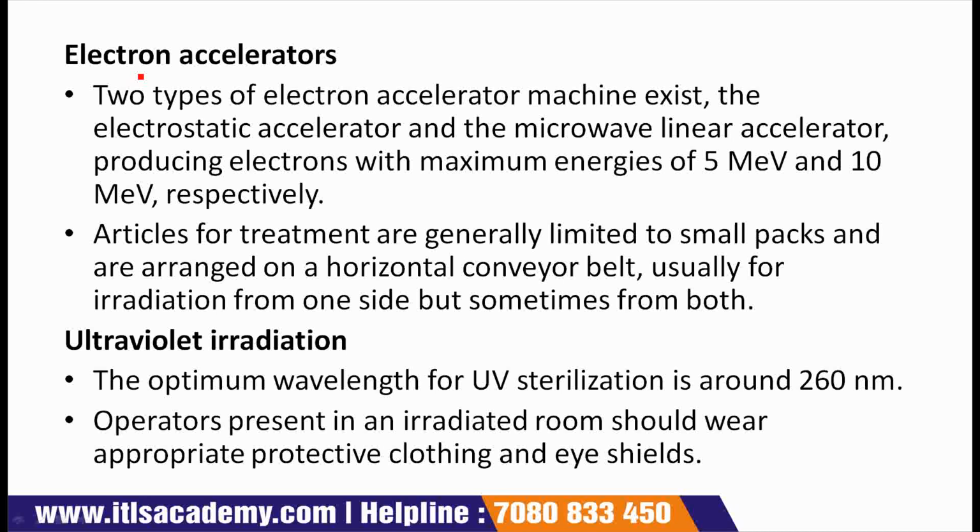Gamma rays radiation we have already seen. Now we are going to switch to electron accelerator. And the very first point is, two types of electron accelerator machines exist: the electrostatic accelerator and the microwave linear accelerator.